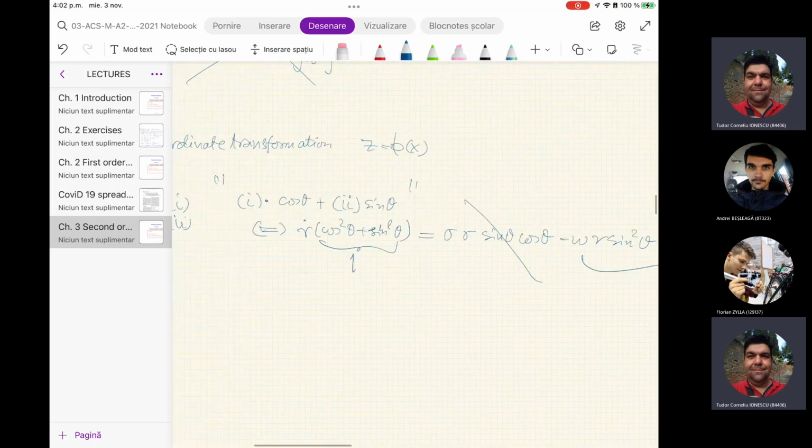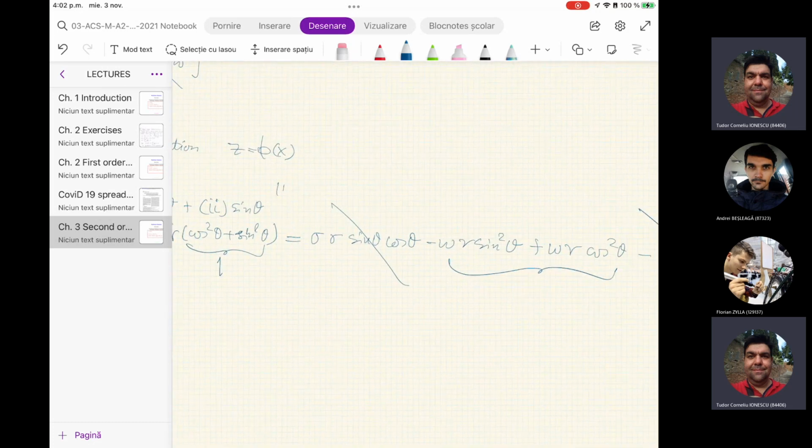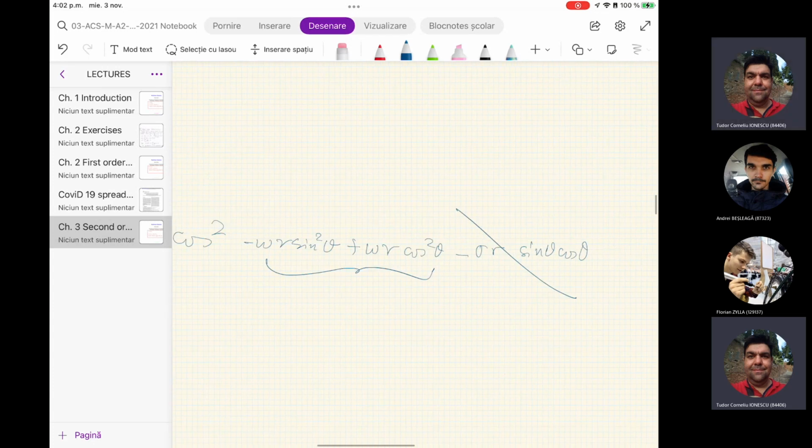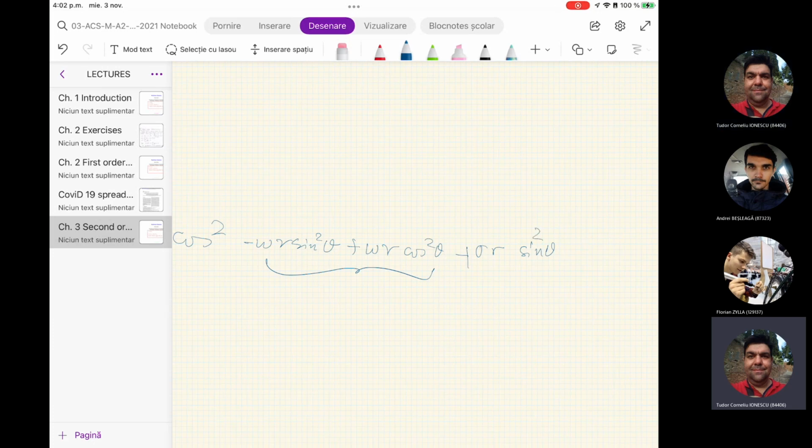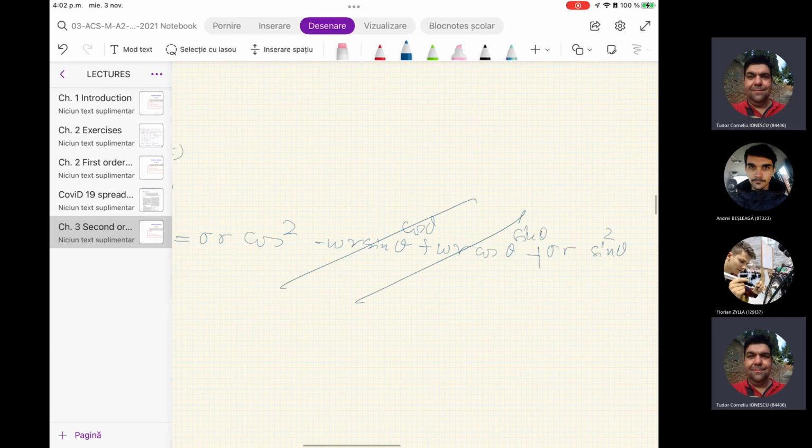Oh yeah, so it's sigma r cos squared. I made a mistake. It's sigma r cos squared. Sorry about that. And this is sigma r, and it's not minus, it's plus actually, sigma r sine squared. Sorry about that. I made a mistake. And this is sin cos, sin cos.